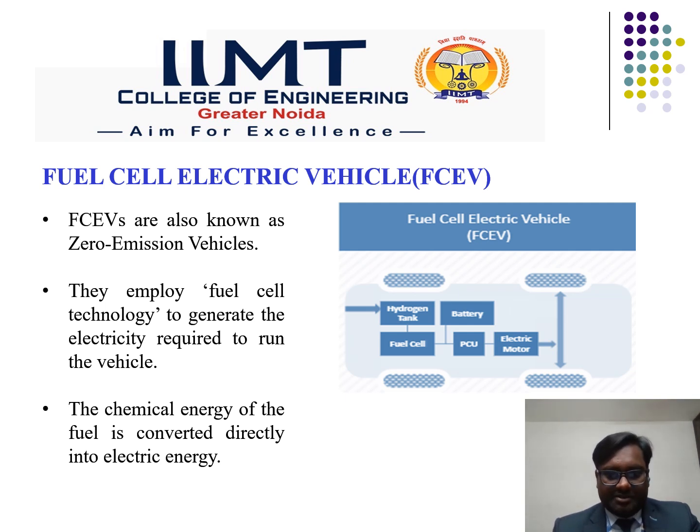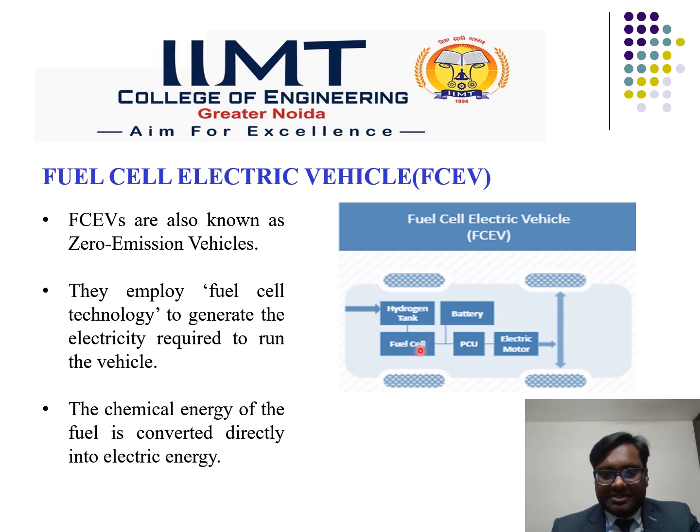In the figure, we can see we have the electric motor, and the battery to store the electric energy in the form of DC. We have a fuel cell stack and a hydrogen tank.